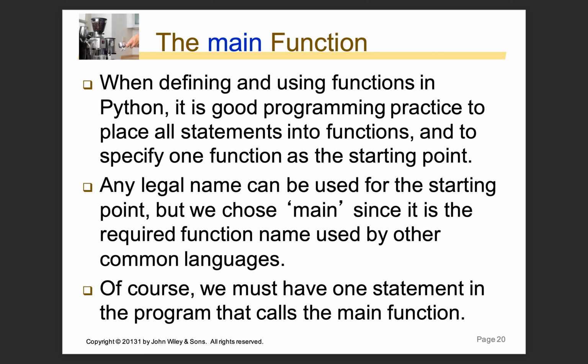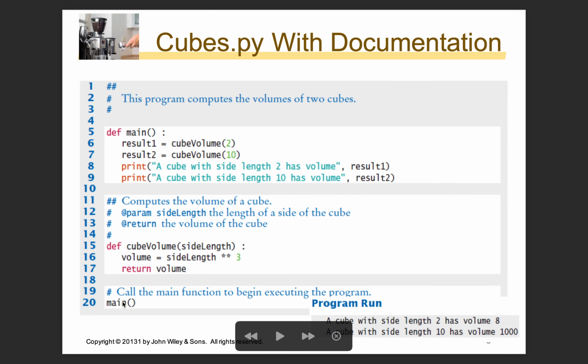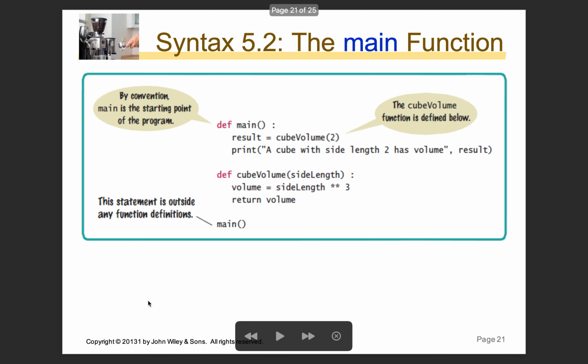We have to have one statement in our program that then calls the main function, which is this final bit on line 20. Okay, so this is the actual entry point to running the rest of our code. How does the syntax look for the main function? We have def main. By convention, main is the starting point of a program. Inside that, we've got result equals cube_volume(2).